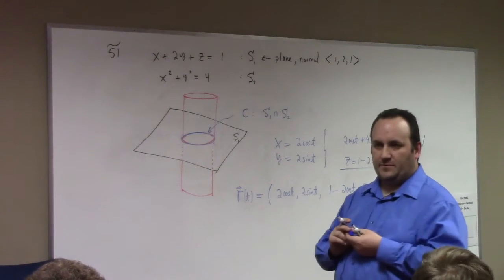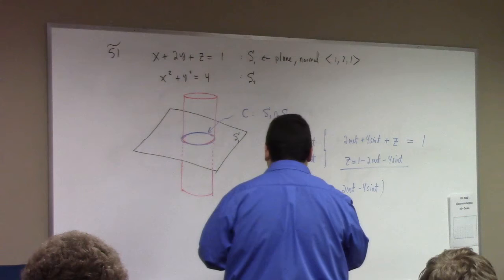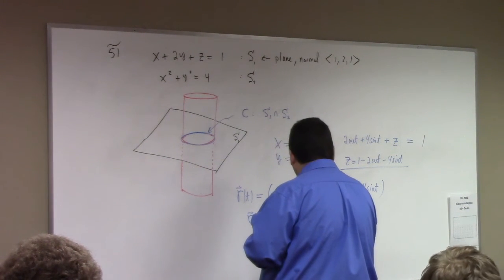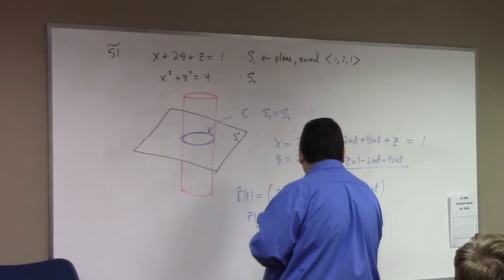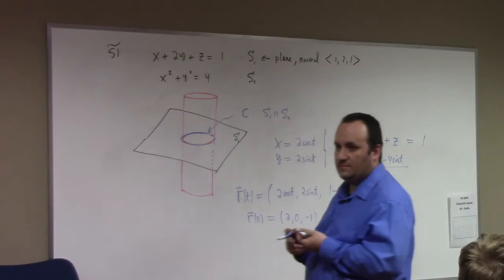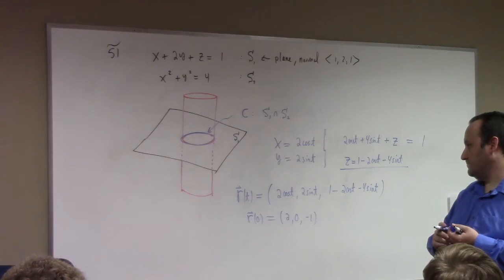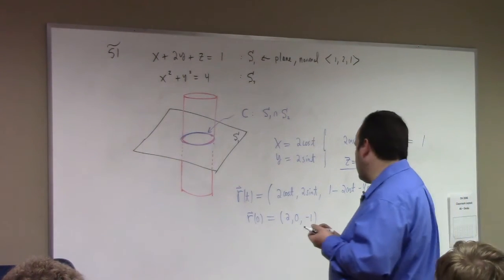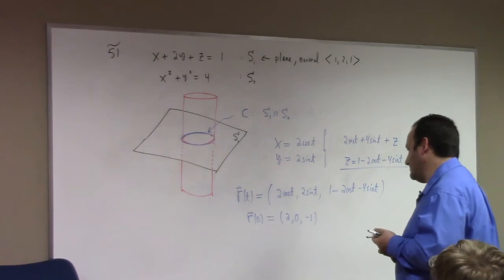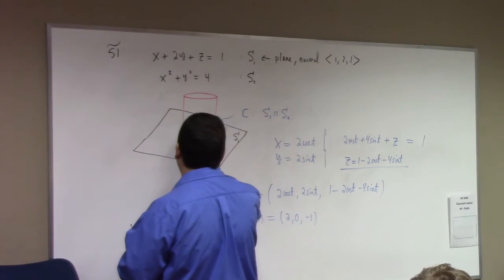And let's pick a particular point. What's r of 0? 2, 0, minus 1, right? So that's something like, I guess that would be this point here probably.